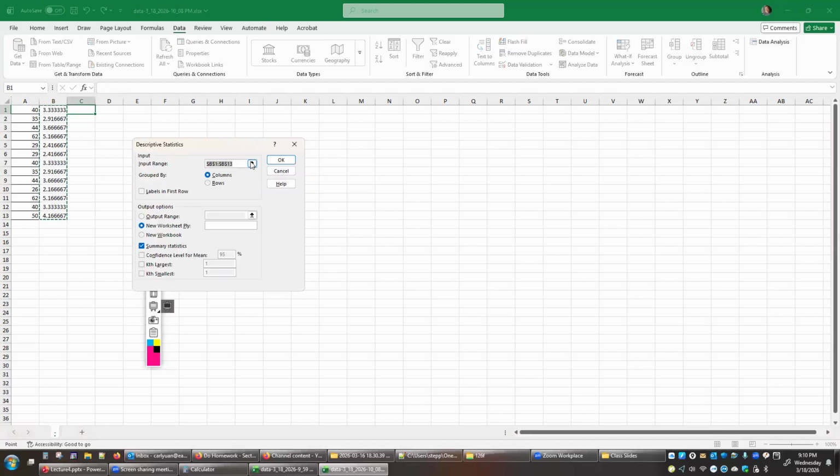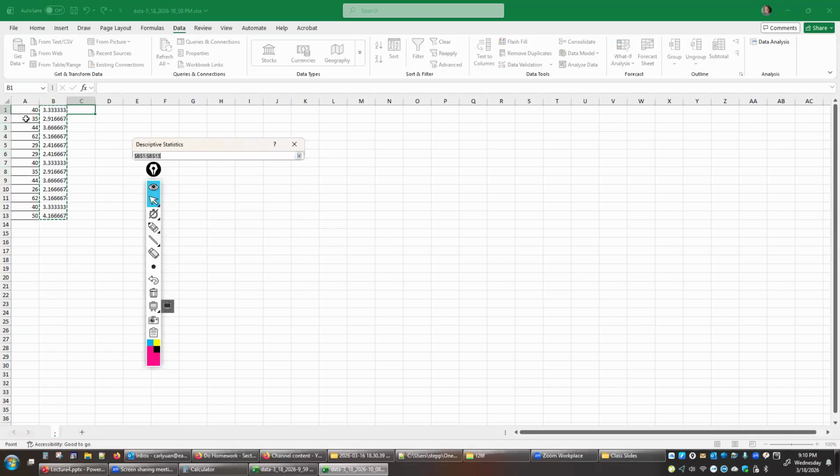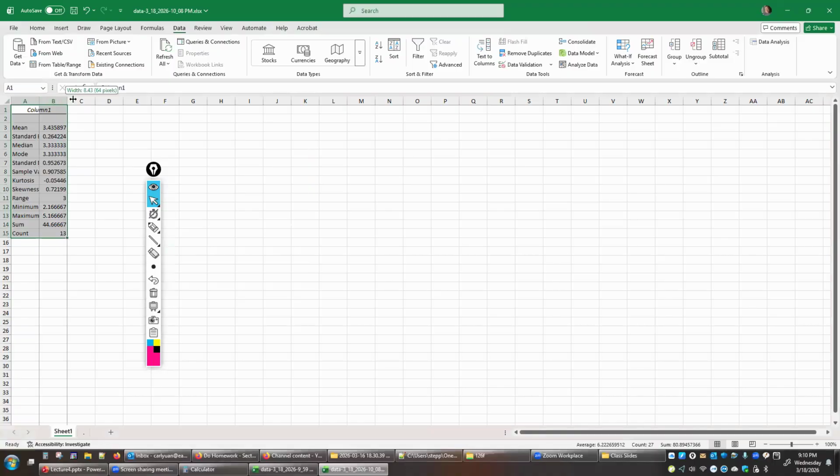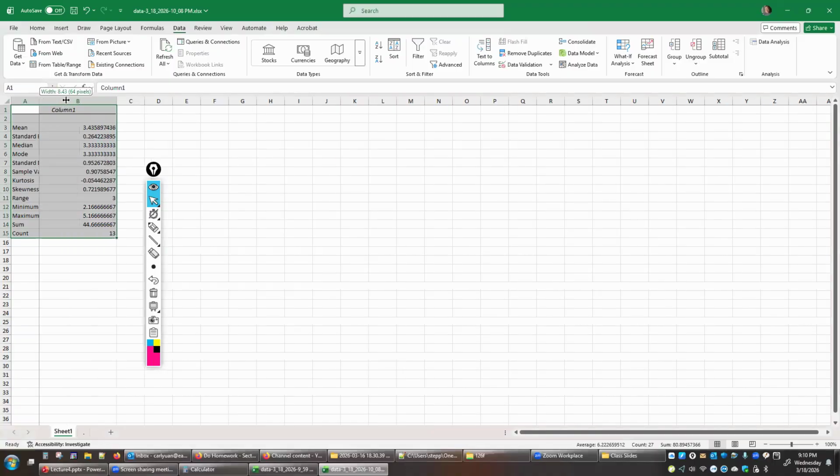I'm going to highlight the data again, so I click on this up arrow here to redefine the data I have. Click on the arrow again. So the data is captured. I'm going to request summary statistics, so I check that box. Now click on OK, and now I have the mean and standard deviation.